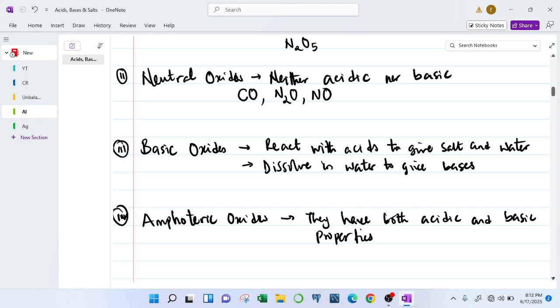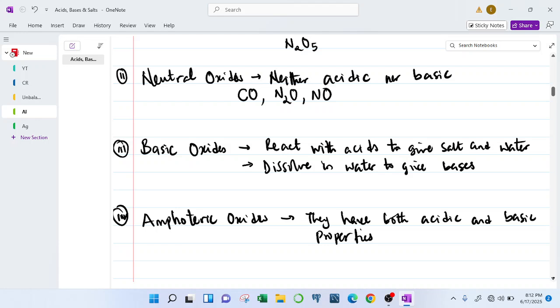So what does that mean? For basic oxides, when they meet acids, they react to give salt and water. But when they meet bases, nothing happens. They don't react. For acidic oxides, when they meet bases, they react to give salt and water. But when they meet acids, nothing happens. For neutral oxides, it does not matter what they meet. Whether they meet acids or bases, nothing happens.